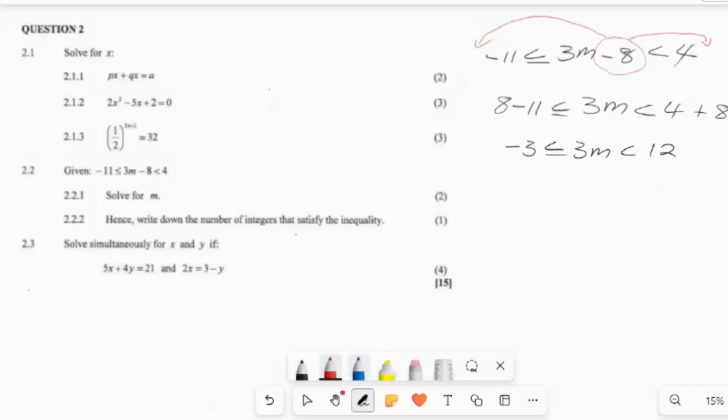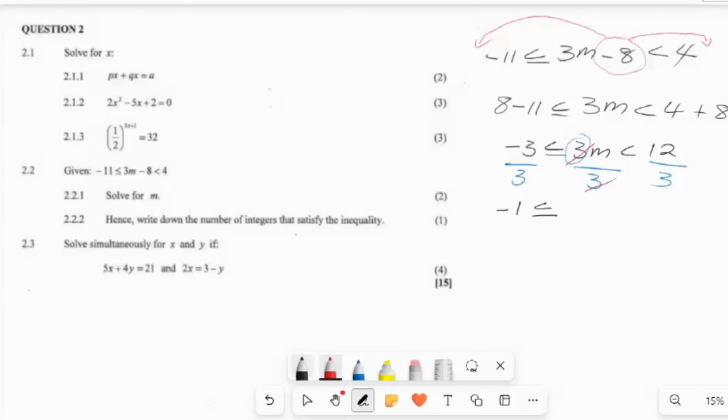The next thing that we're going to do here is divide each term by the coefficient of m. So we are dividing by 3 on each term. The first one, 3 divided by 3 is 1. Remember, we've got the negative, so we've got negative 1 is less or equal 3 divided by 3, they cancel out each other.